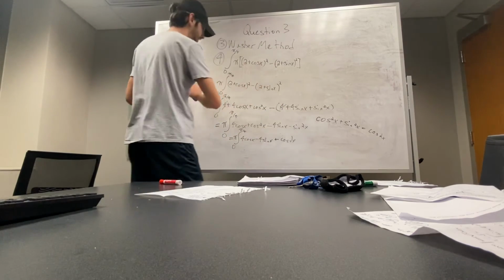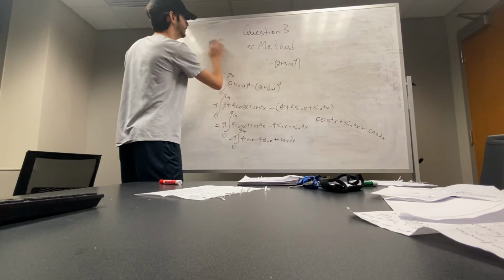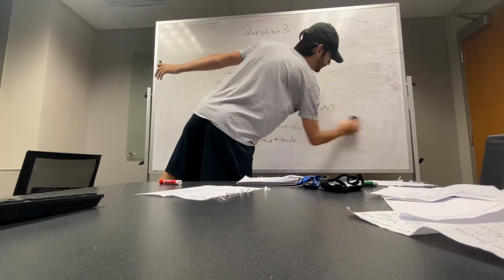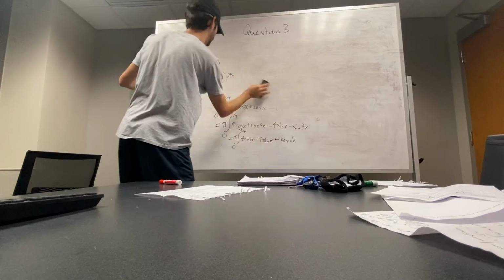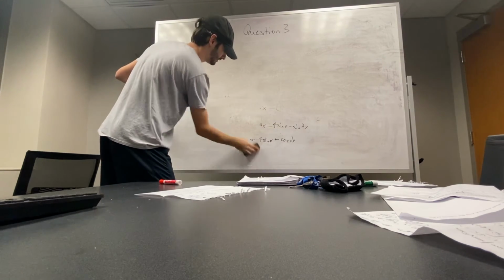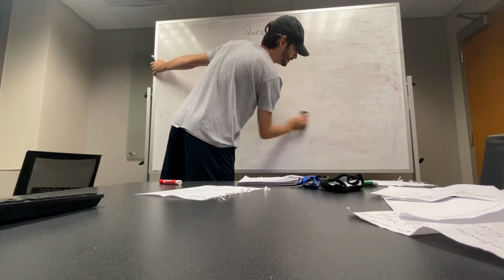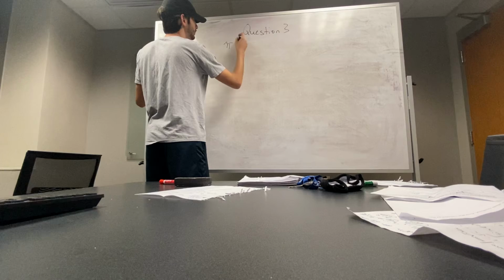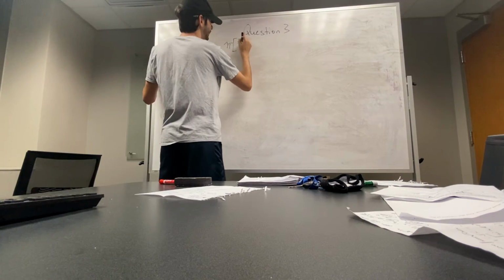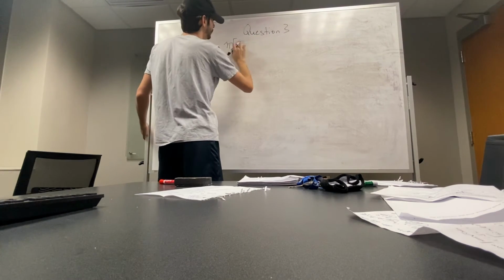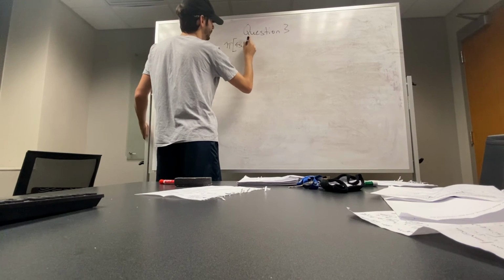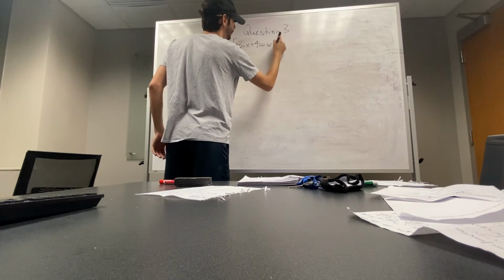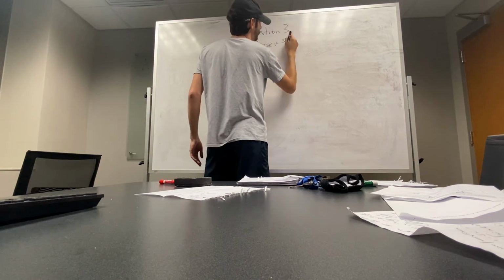Basically, we can separate each portion into a separate integral and solve them individually, which will give us 4 sine x plus 4 cosine x plus sine 2x over 2.